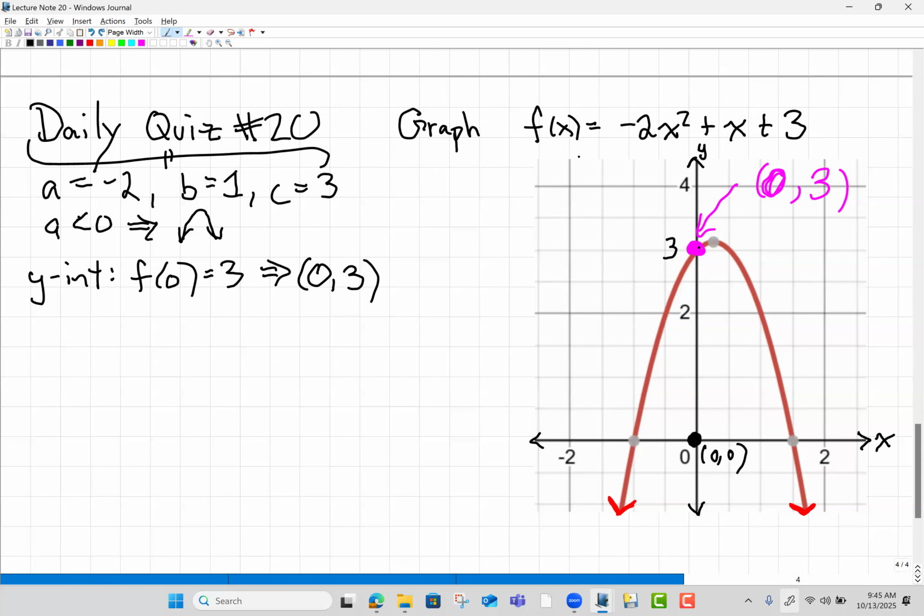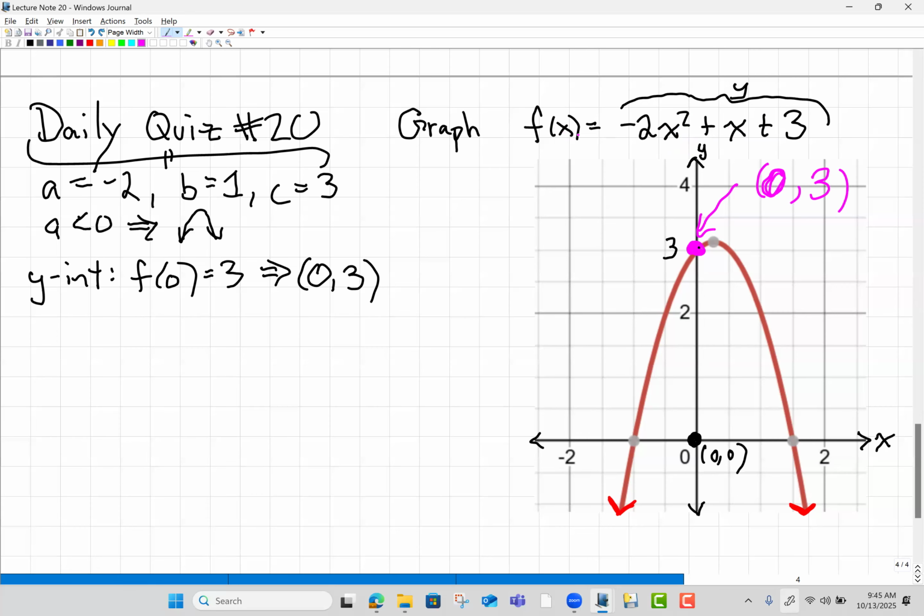And the function, its job is to turn x's into y's. So plug a number in, replace the x. This whole thing is the y value. So when I plug 0 into the function, if I replace x with 0, 0 squared is 0, times anything is 0, plus 0.